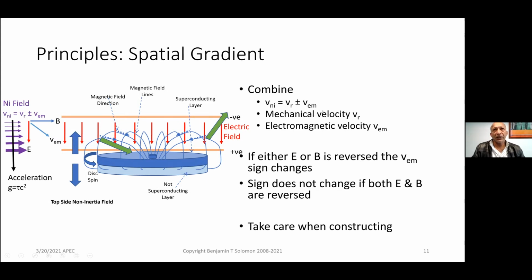Okay, so that's the equation. The mechanical velocity is equal to the rotational plus or minus electromagnetic velocity. So as I had said earlier, even if you reverse E and B, it will not necessarily change the gradient. So you have to take care of that.